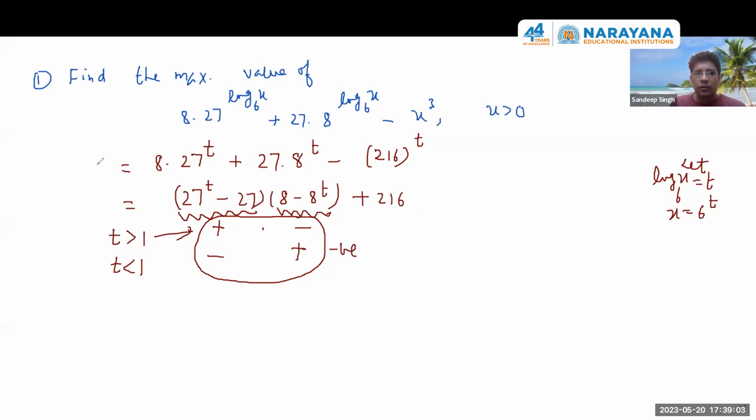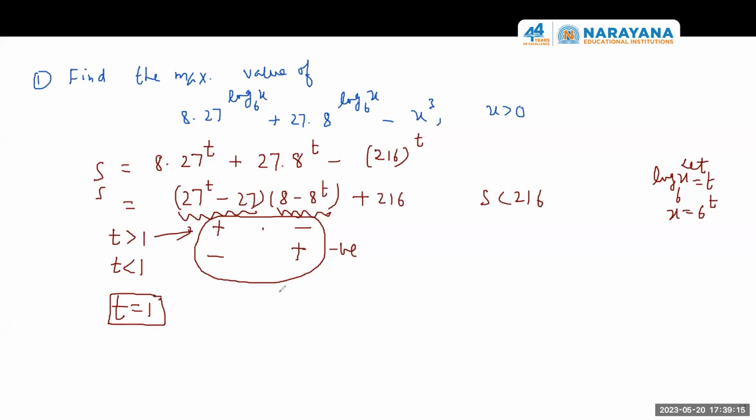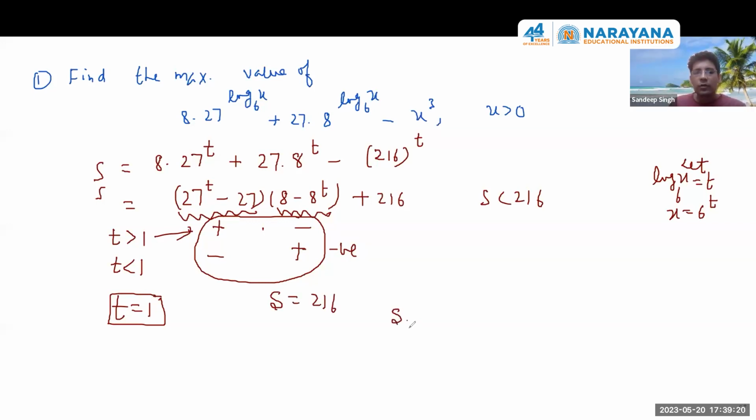Suppose this is S. So in both the cases, S will remain smaller than 216. Now what will happen when t is exactly equal to 1? It will be equal to 216, which will be the maximum answer, because in each and every other case this will be smaller. Is it understood? Is it all right?